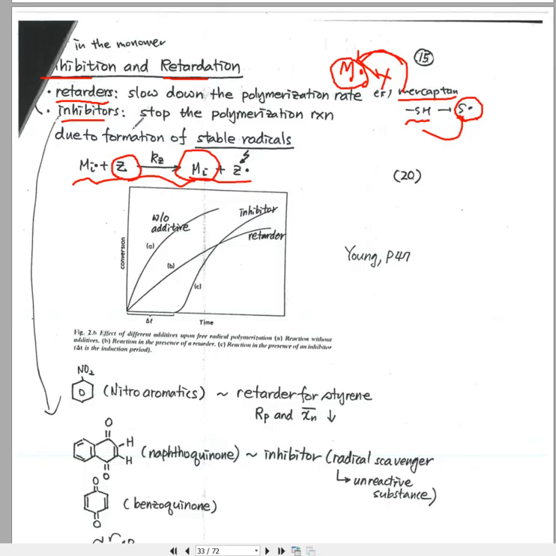Generally, if you buy monomers, for example, if you want to make polystyrene, you need styrene as a monomer, right?